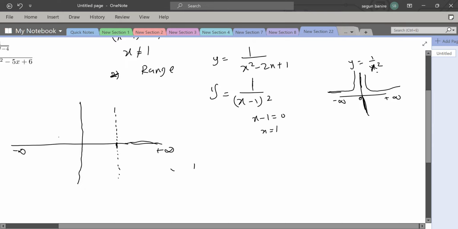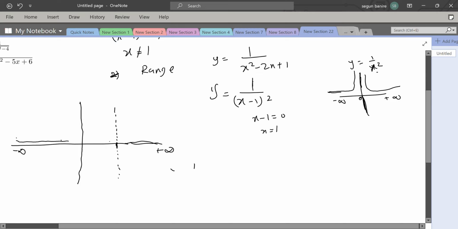Now, it's just like this 1 over x squared. Now it will go up like that. As you are coming from negative infinity, this is a fraction. When you have a bigger number at the denominator, it will be smaller. So as you are coming from the left, the function will be approaching 0.